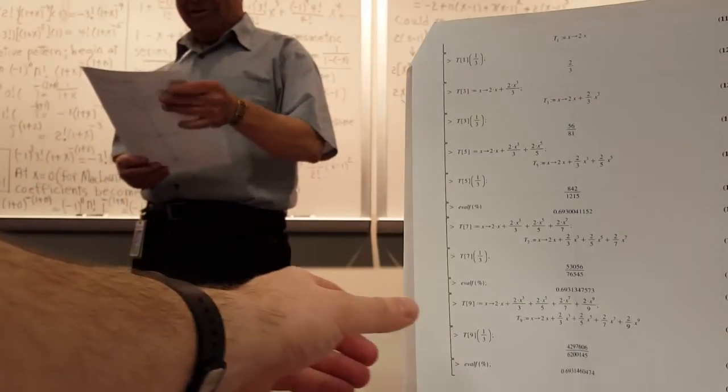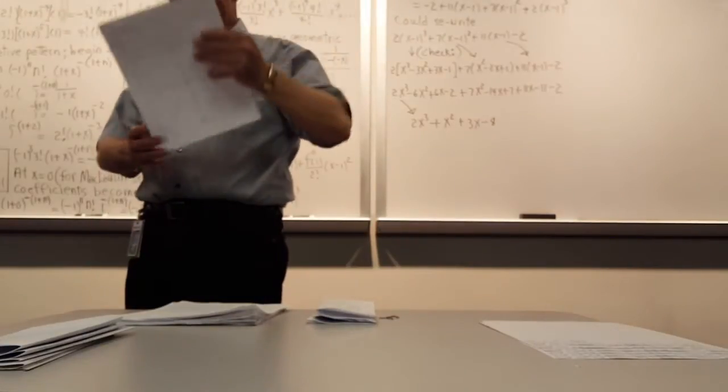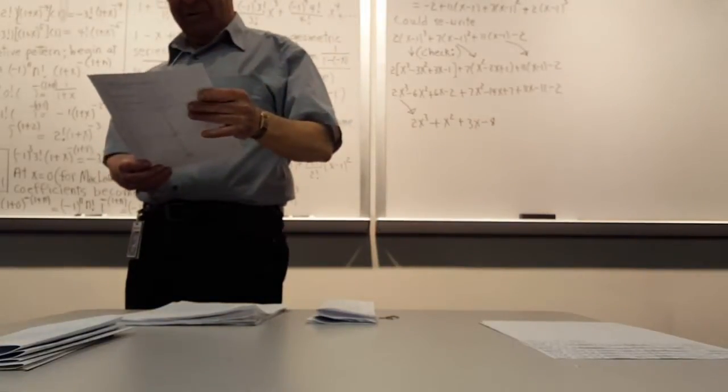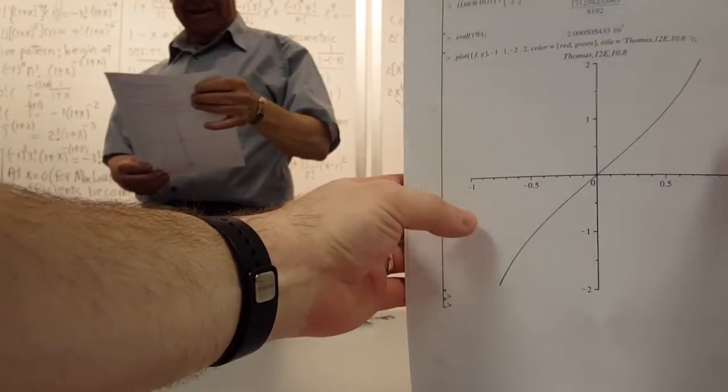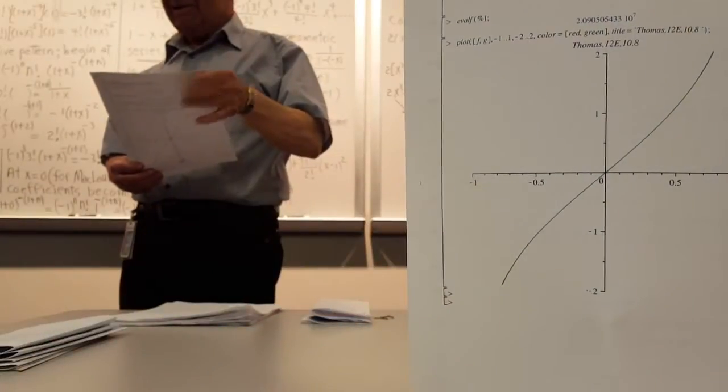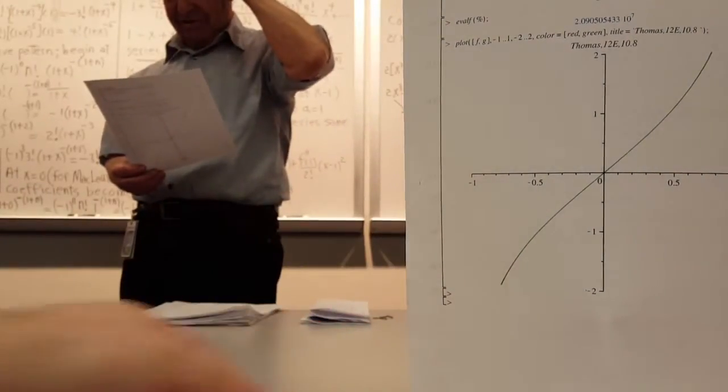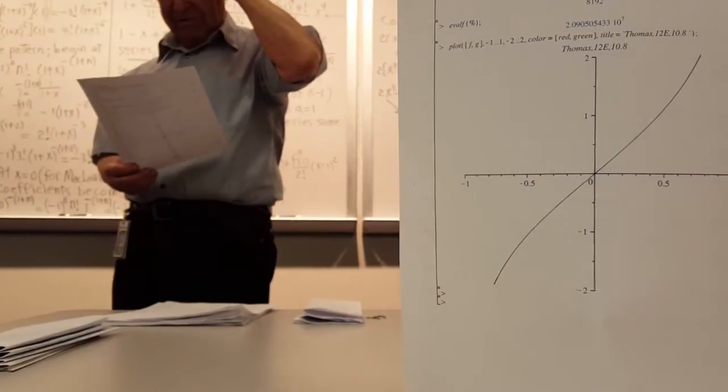All right, so then on the top of the back sheet of paper, line 24 is the value of the 10th derivative at 1/3 and the decimal.